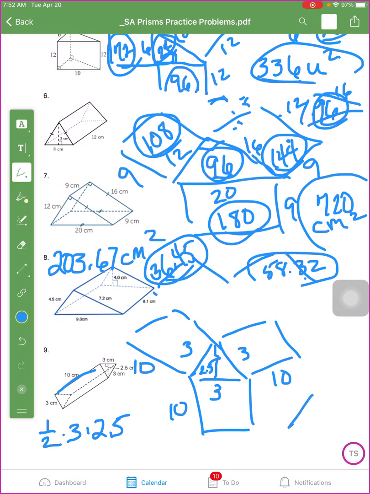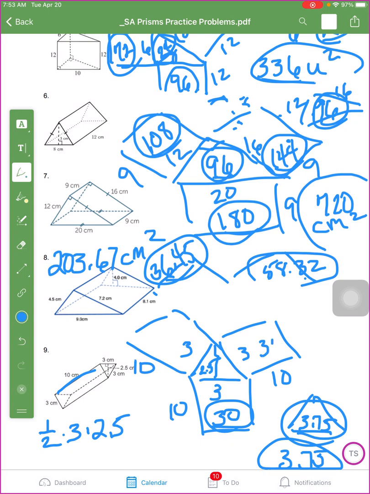So let me draw my other base over here and put 3.75 in there. And then I have 3.75 again for the other triangle. I don't have room to write it inside. And then each of these is going to have an area of 30, because 10 times 3 is 30.